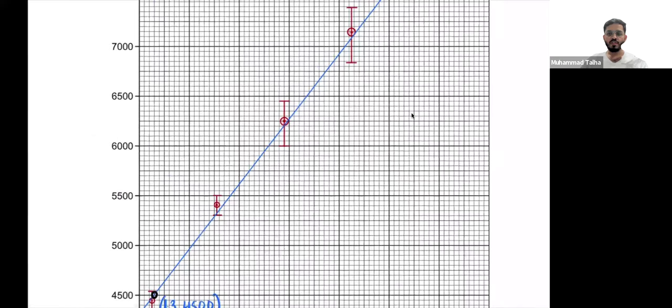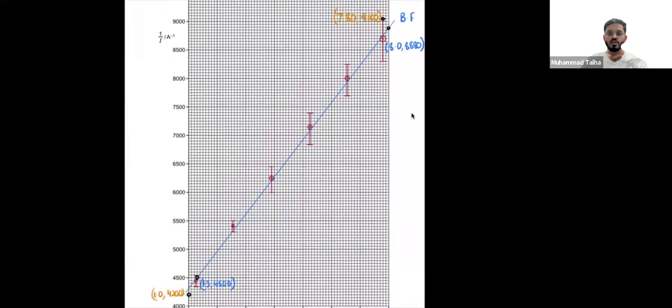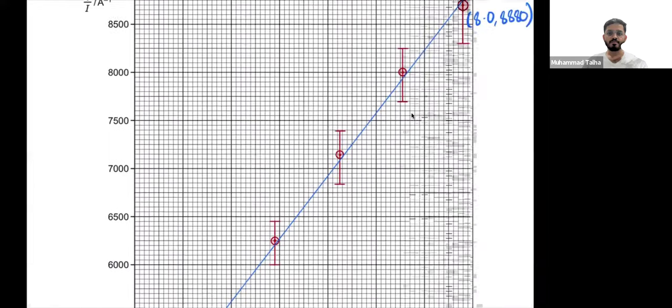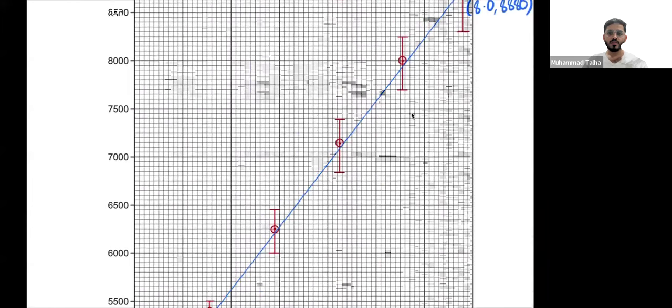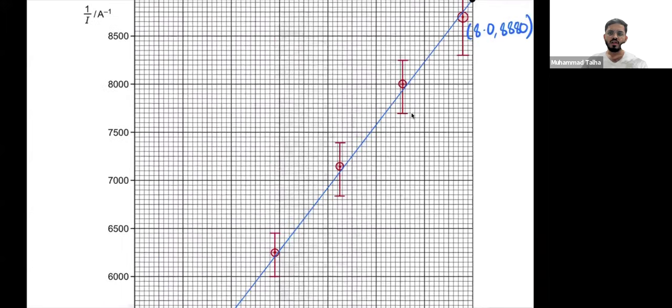If I zoom out so you can see the full graph, ideally the number of points I leave above is the number of points I leave below. So this is below, this is above, this is above, this is above, and this is above, and this is also above. This is almost on the line, so it's not really above.